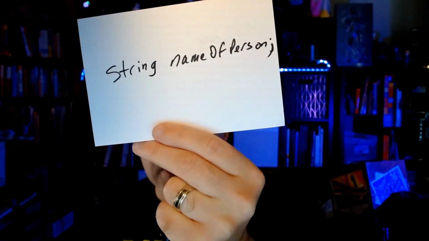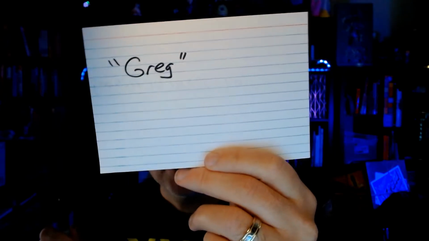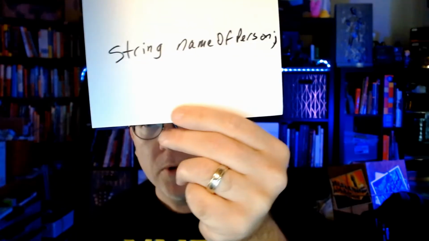Just call it anything else, like nameOfPerson. String just means some kind of string of alphanumeric letters, numbers, characters, all that stuff. And let's say we want to assign the value of Greg. That's me.